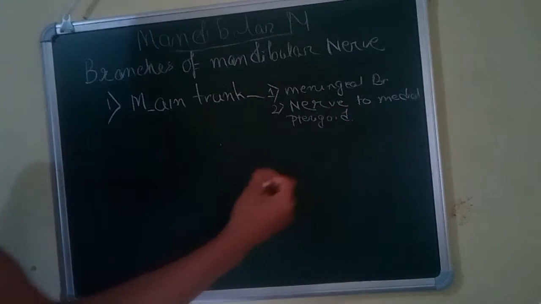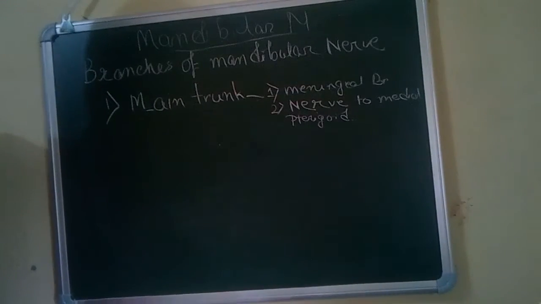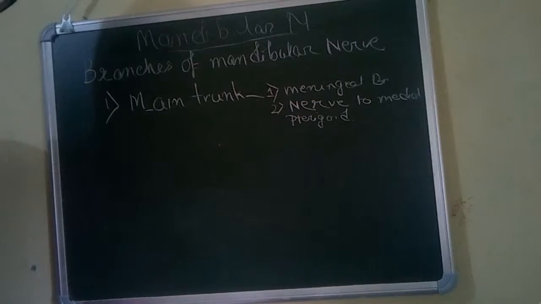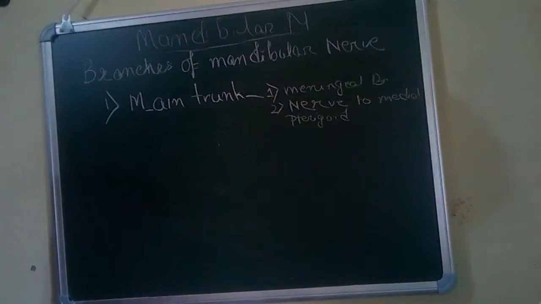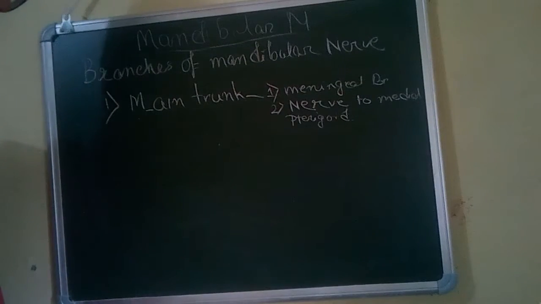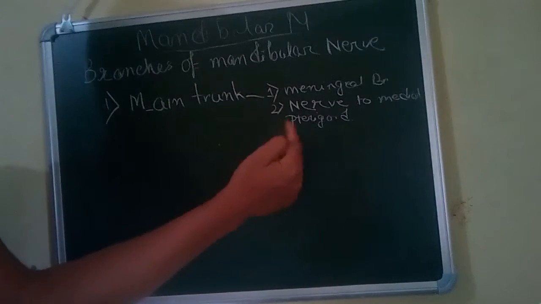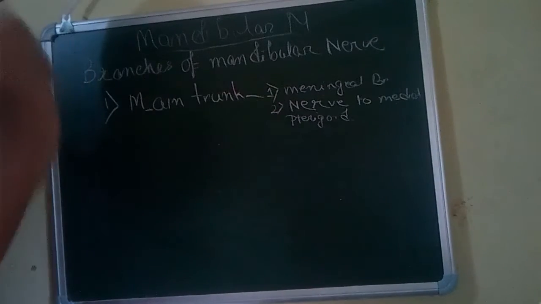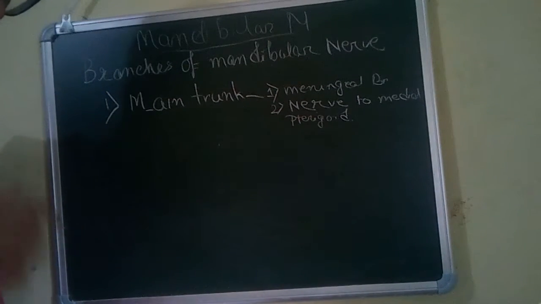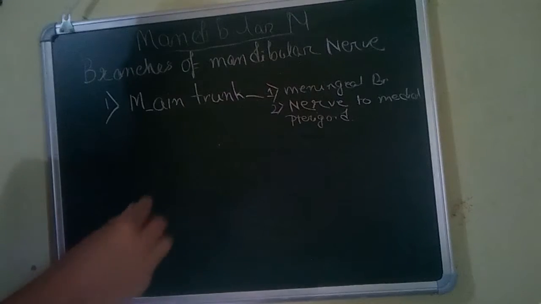It mainly supplies three muscles: medial pterygoid, tensor veli palatini, and tensor tympani. So the main trunk is completed.